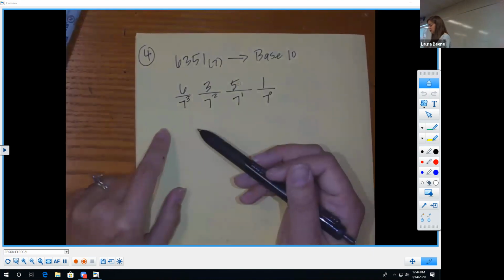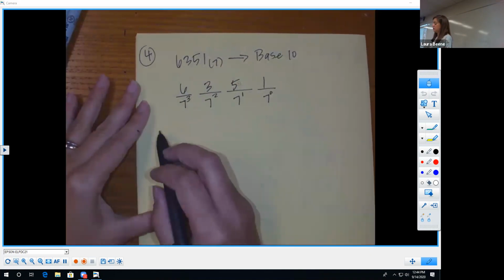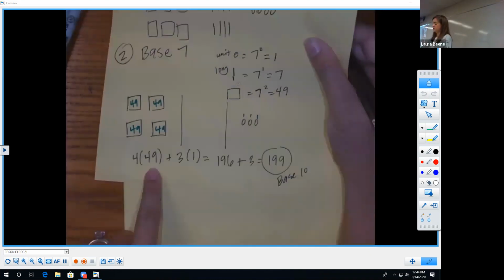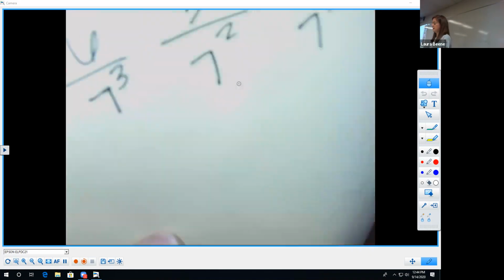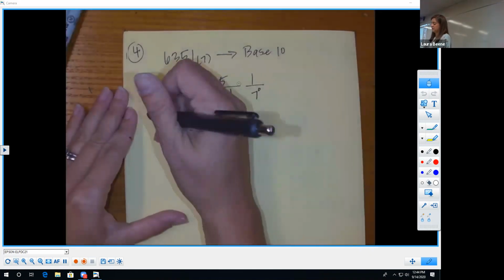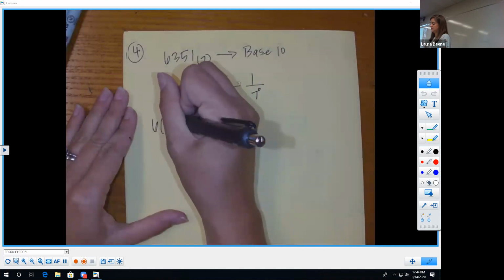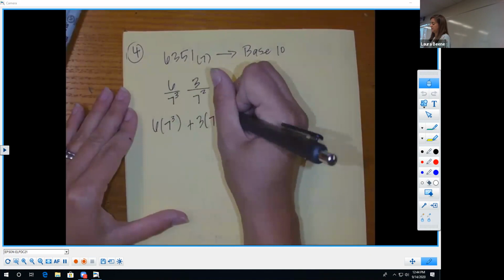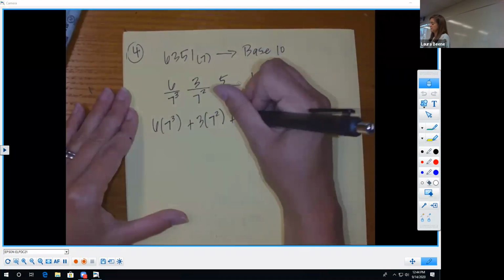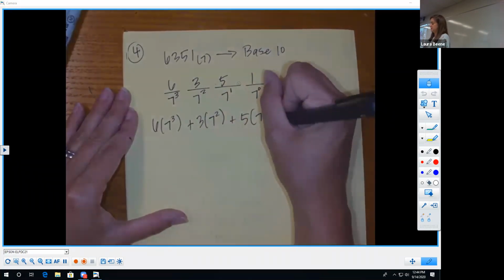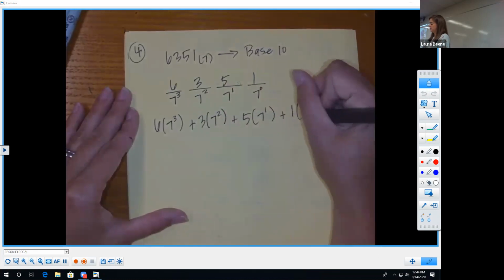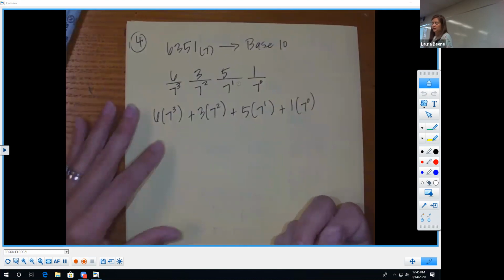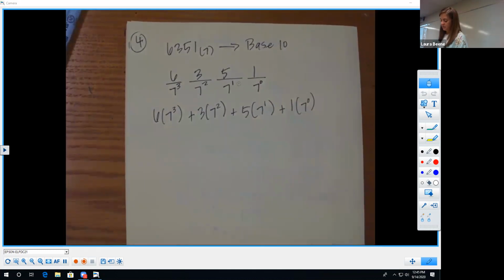And then if you wanted to draw it, again, you could, or you could just do, where's it at? This step that we did before, just the multiplication to figure out how many units we have. So it's 6 times 7 to the third power plus 3 times 7 squared plus 5 times 7 to the first power plus 1 times 7 to the 0 power. 7 to the third power, I think, is 243.